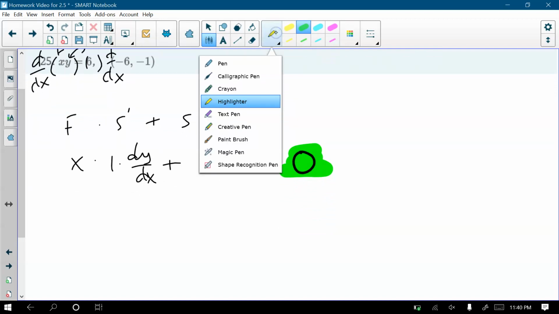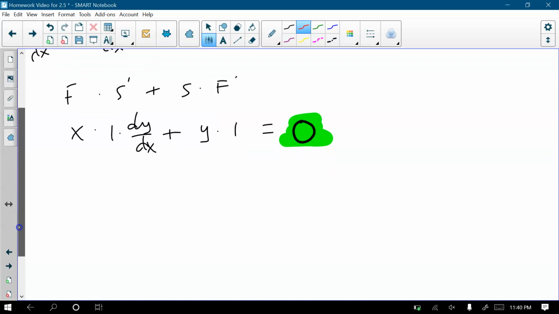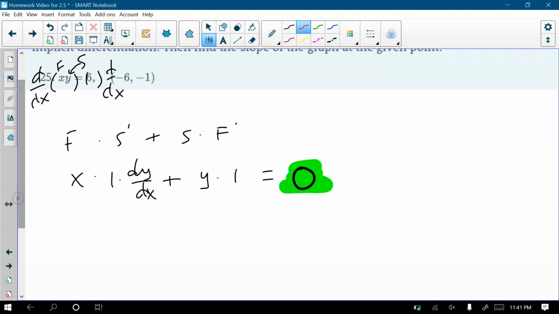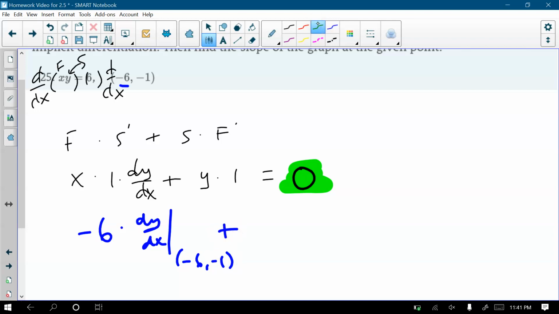Now, some students like to solve for dy dx. I like to plug in the point right away because there's no reason why I can't. So I'm going to plug in -6 for x. I have -6 times dy dx. And again, I'm evaluating here, so I should show that. And then plus y. y is -1, so plus -1.